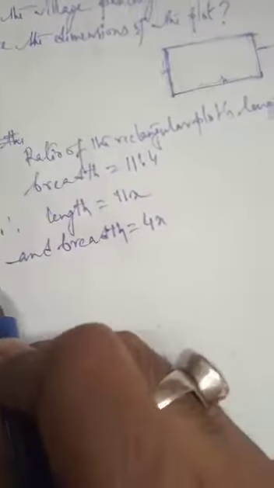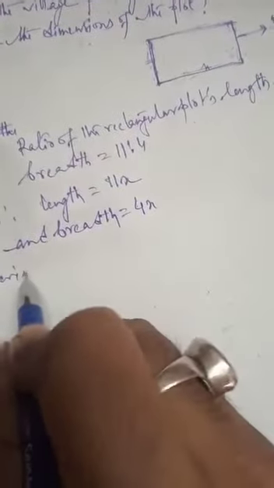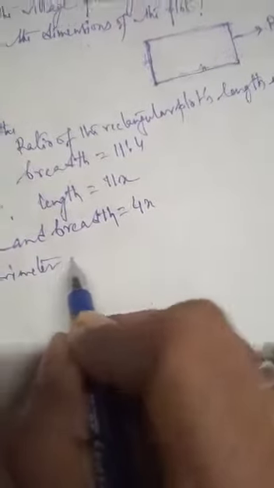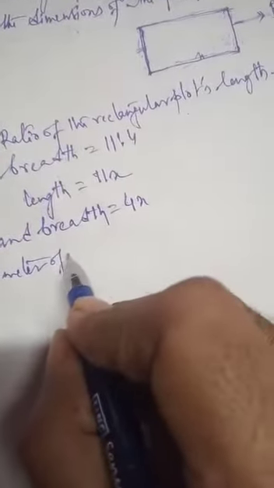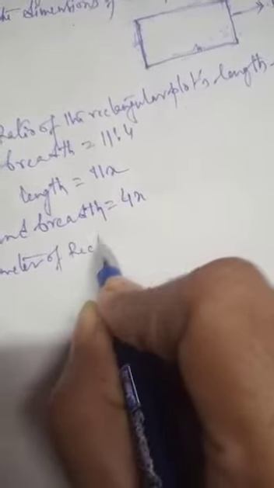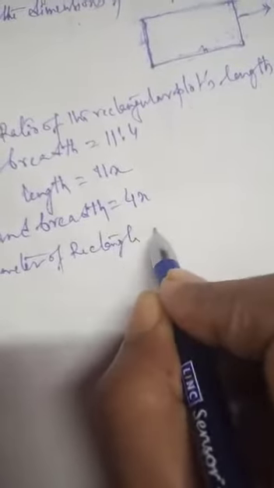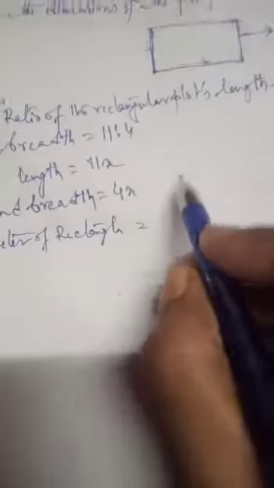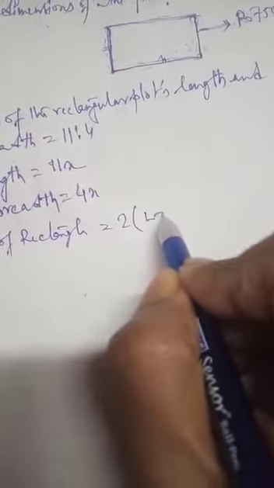Now we know the perimeter of a rectangle is 2 into (length plus breadth).